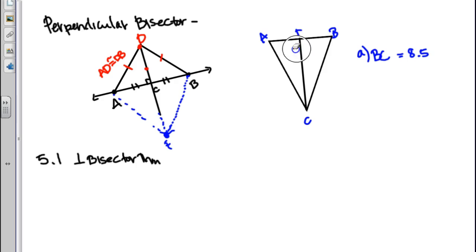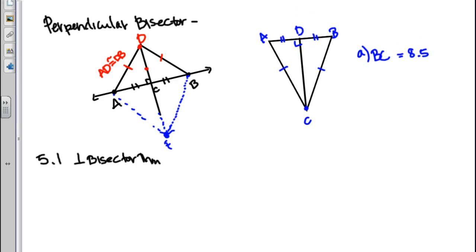If I had given you this information, we would also know that this is a perpendicular bisector because C lies on that perpendicular bisector. So we would also know that these two are congruent, which is kind of a cool thing because we have side, angle, side congruence with these two triangles, which means all the other parts are congruent. I know that DAC is congruent to DBC.